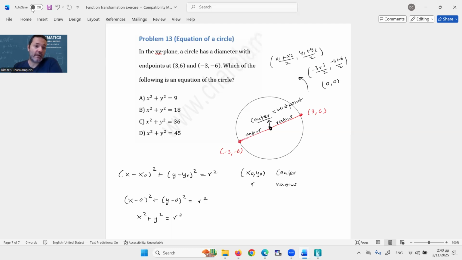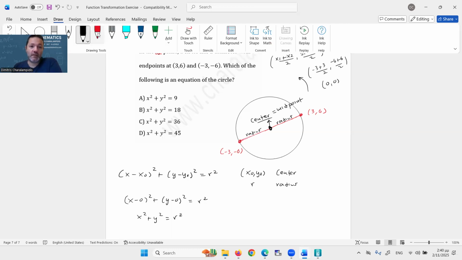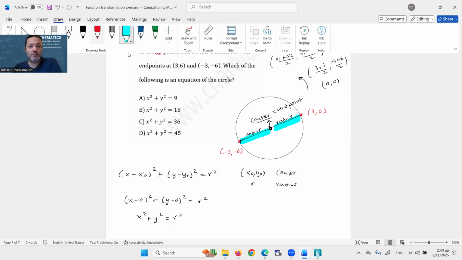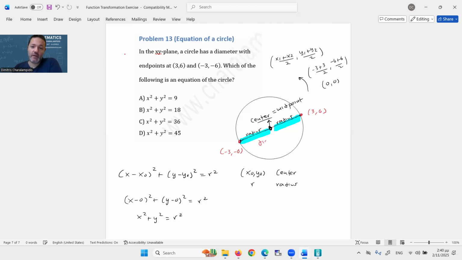We cannot directly calculate the radius, but we saw that this, which is the distance between these two endpoints, is 2 times the radius. This is the diameter. And I can use the distance formula.